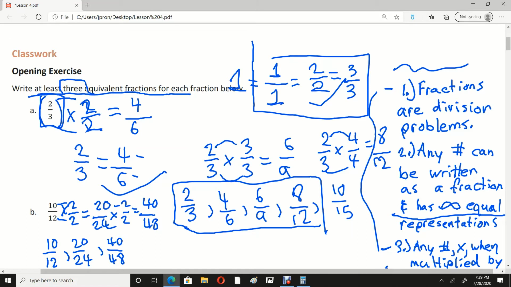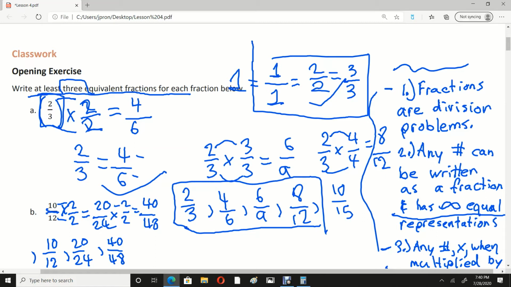But another way we can do this, since 10 over 12 is not as simplified as it can be, is we can also go backwards from this. In example A, all we did was go up, make the numerator and the denominator bigger, but here we can actually make the numerator and denominator smaller. Whenever a numerator and denominator have a common factor, you can divide both of those by the same factor and get an equivalent reduced fraction.